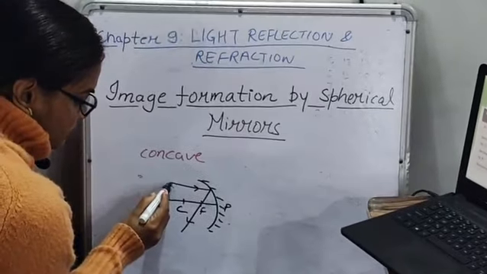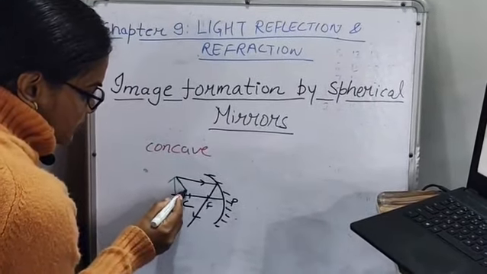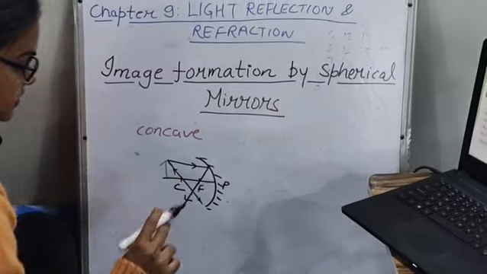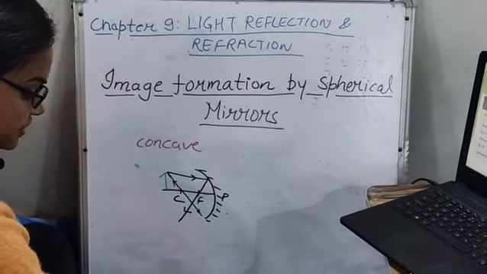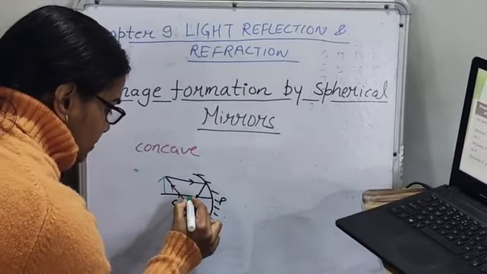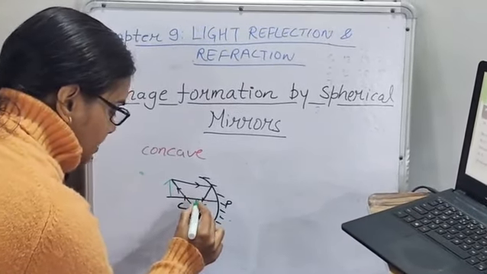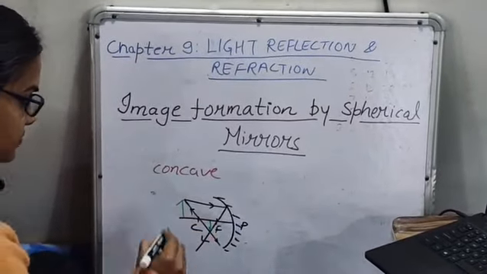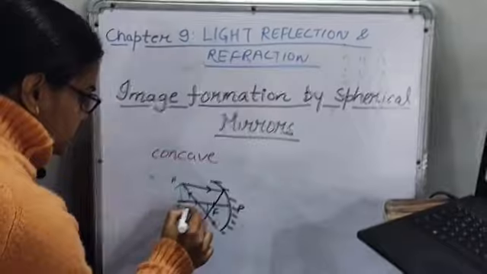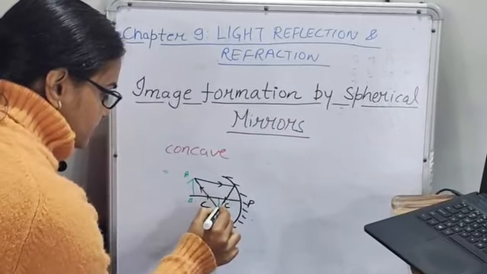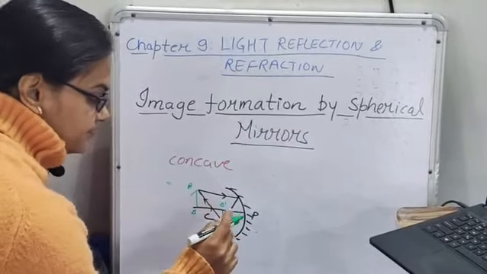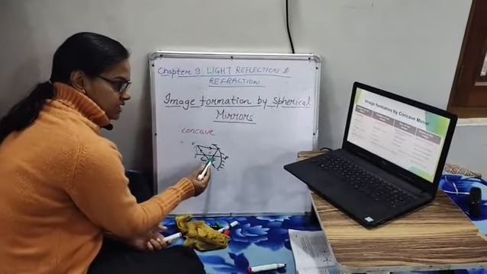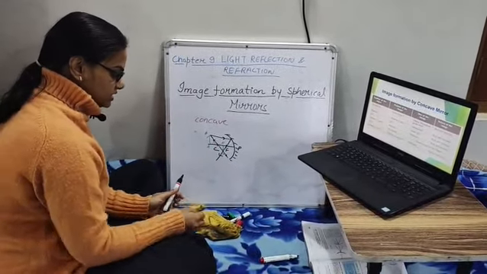The light passing through the center of curvature will be reflected back along the same path, and the image will be formed at the intersection of the two reflected rays. Suppose this is A and B, this is the image A dash and B dash. So the image will be formed between F and C, and it will be diminished, real and inverted.